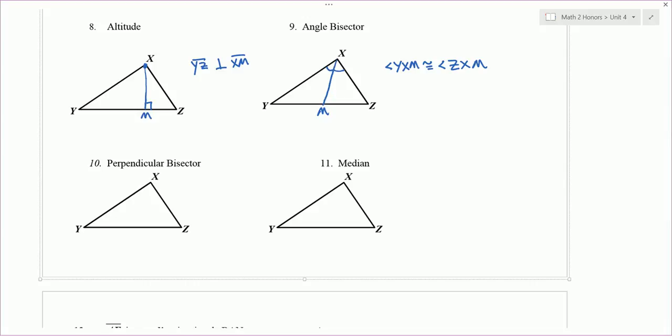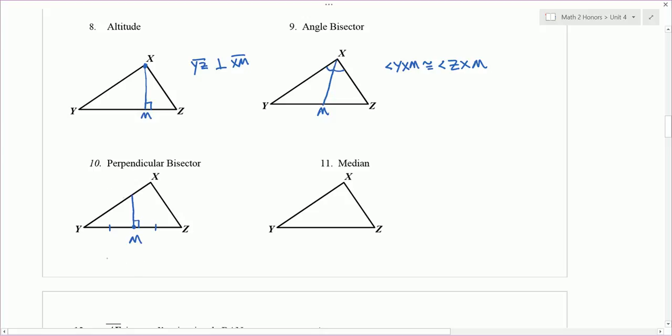Number 10, we want a perpendicular bisector. Okay, so first of all, we find the midpoint of YZ, and we draw a perpendicular. So that's the perpendicular bisector. Notice this one does not go through X, unless it was an isosceles triangle.